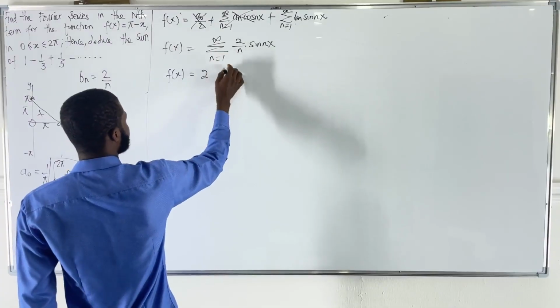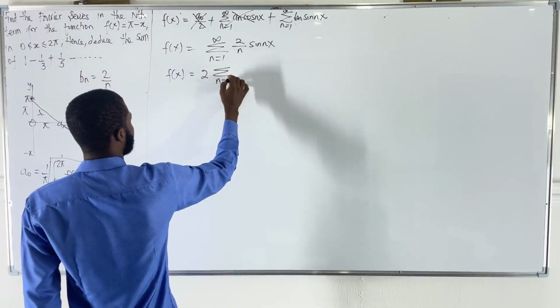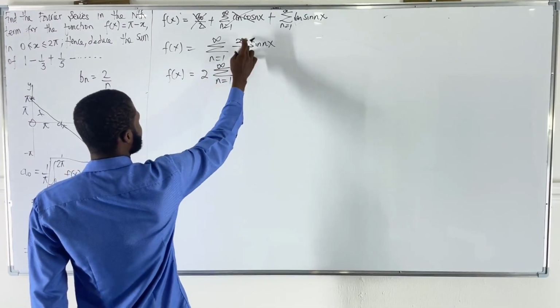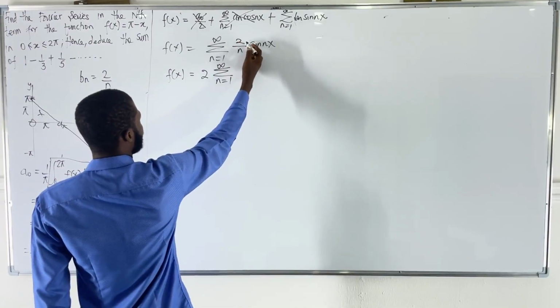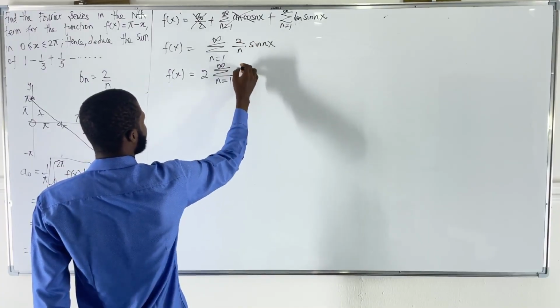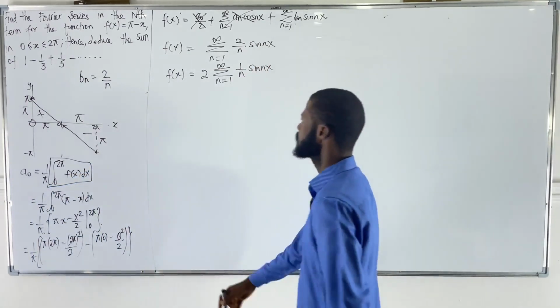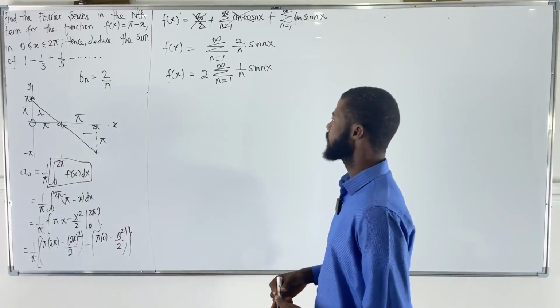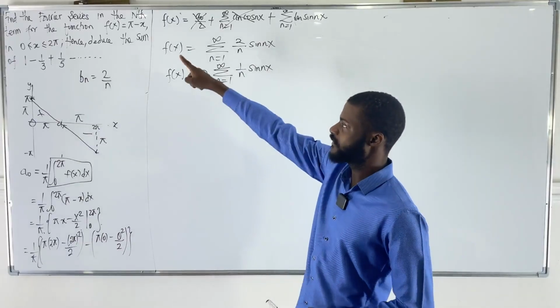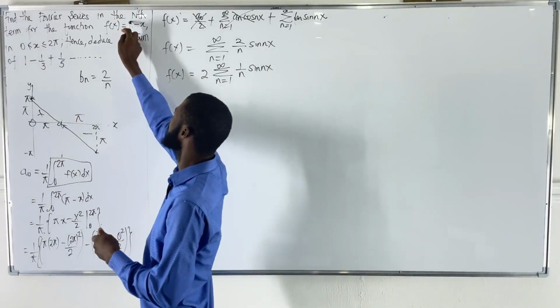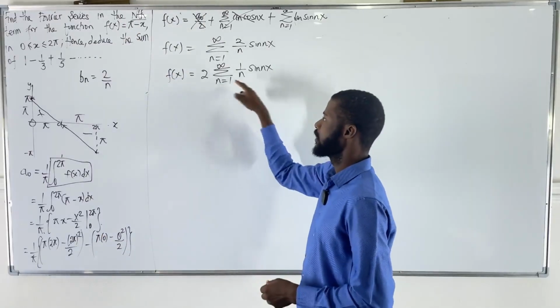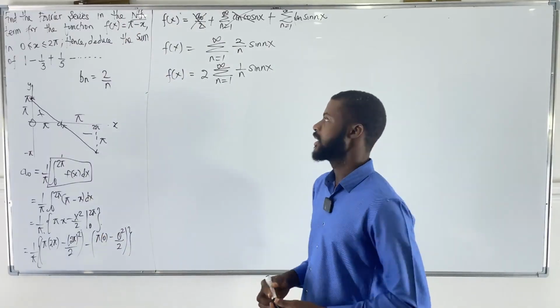So this is 2, then the sum from n equal to 1 to infinity. If 2 leaves here, 1 will be remaining at the numerator. So that's 1 over n sine nx. So that's what we have. So this right here, if they say in terms of n, in the nth term, leave it. So this will be the answer.